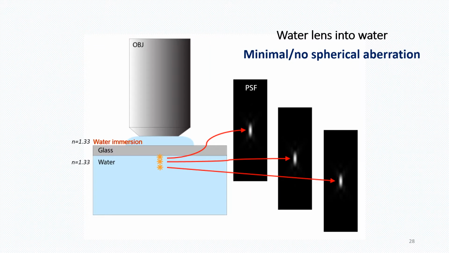However, if a water immersion lens is used on the same sample, spherical aberration is averted due to refractive index matching. So as you image deeper into the sample, resolution is barely affected.